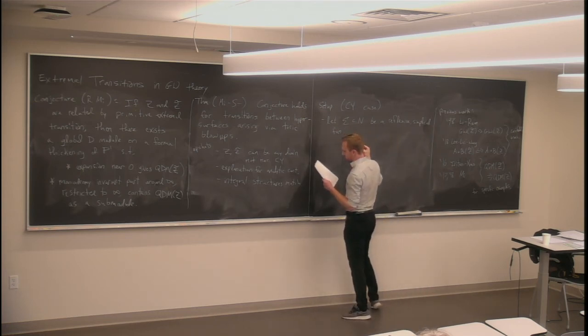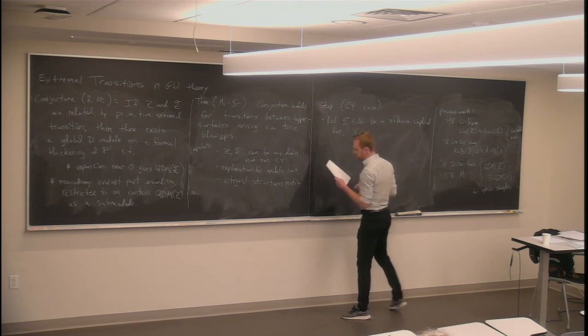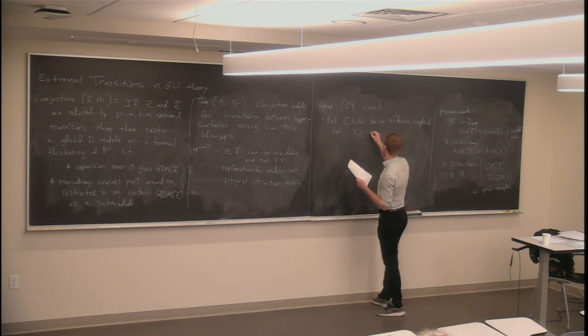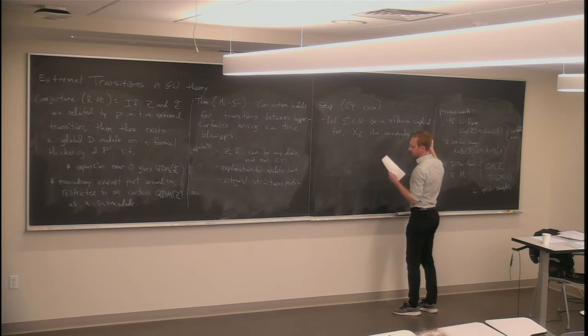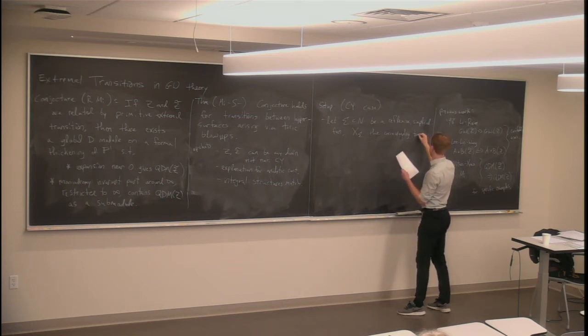So the toric variety is coming from some fan sigma, and X sigma is going to be the corresponding stacky toric DM stack.